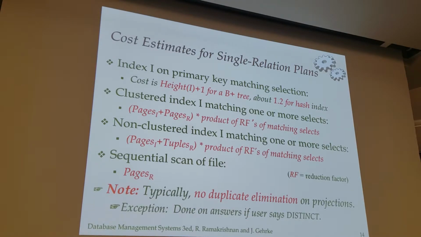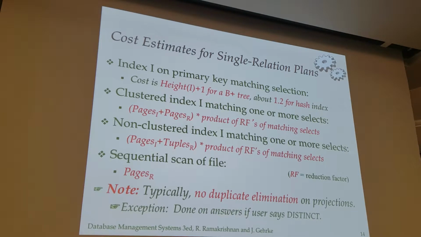So the cost of, if you're counting page accesses, assuming nothing is actually buffered, using a non-clustered index to match one or more selects, it's going to be, well, if you did a complete scan using the index, you have to look at all the pages in the index, meaning the leaf pages in the index.